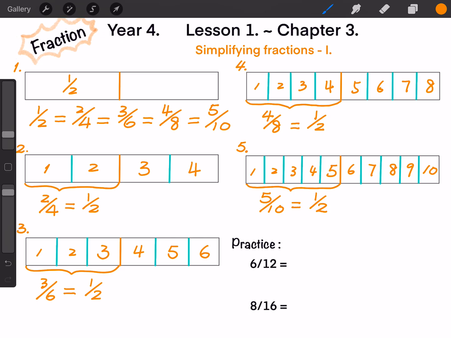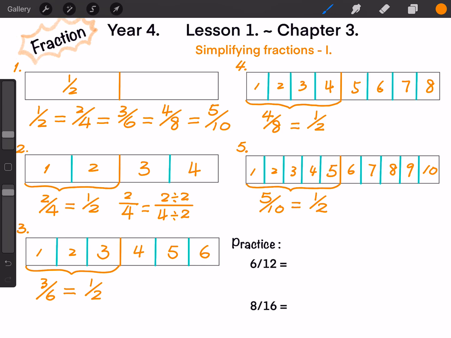Actually, for 2/4, let's have a try. 2 divided by 2. 4 divided by 2.